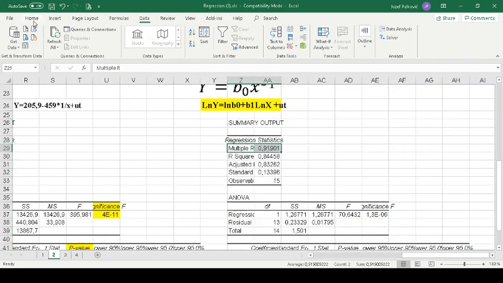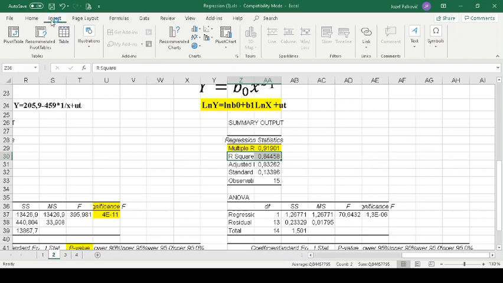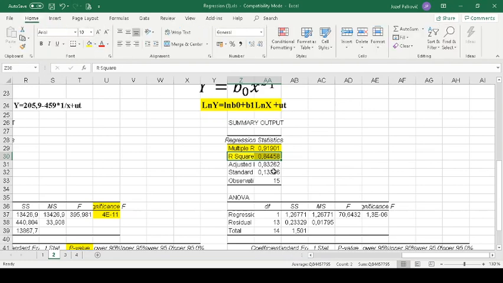So multiple R, once again, correlation coefficient, strong correlation. R square: this function explains 84% of variability of revenues. The function is significant.